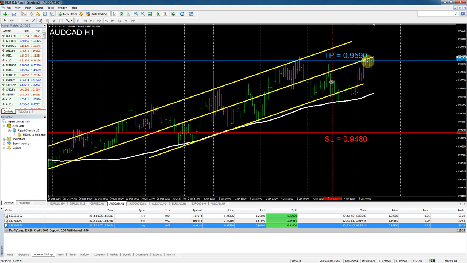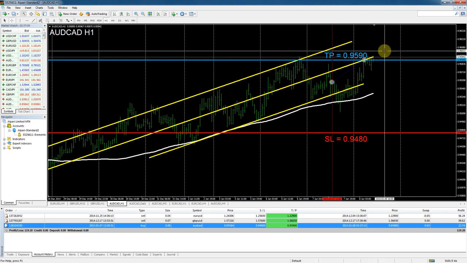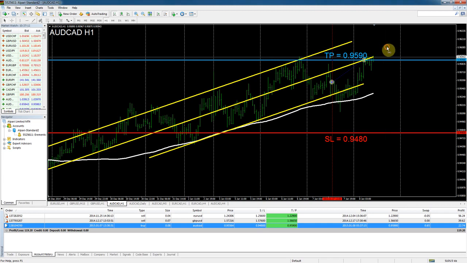So sometimes it is worth being a bit more conservative and setting your take profits below these levels. So rather than just going for big bucks, being more strategic about your trading. So those are the learnings from this particular trade.